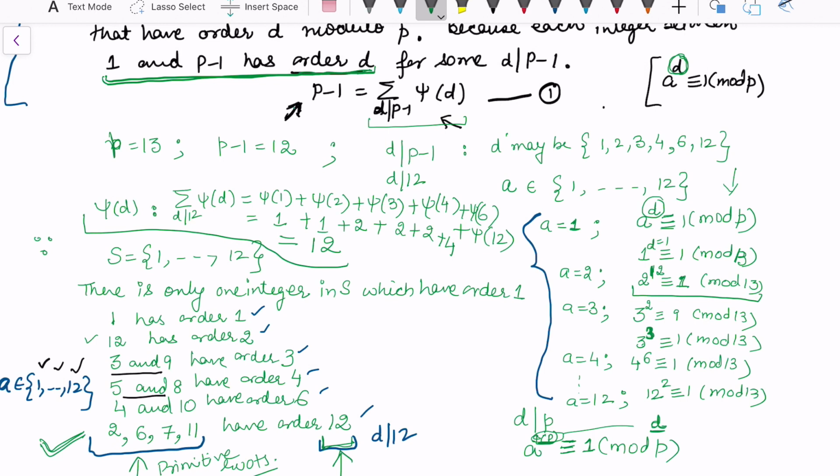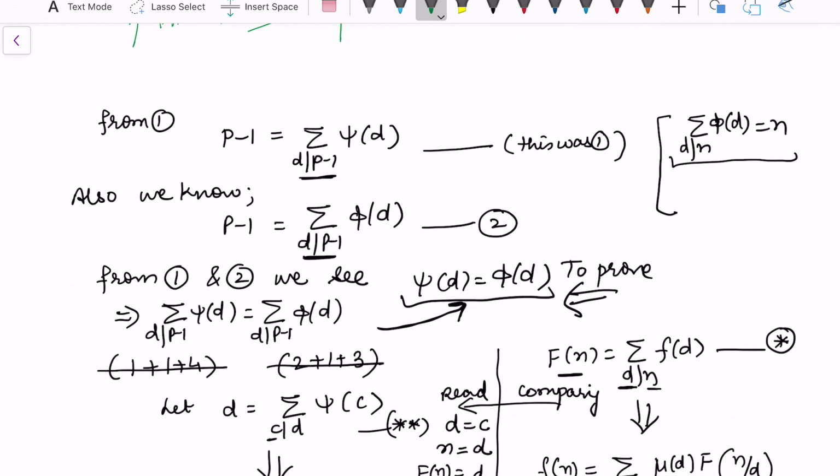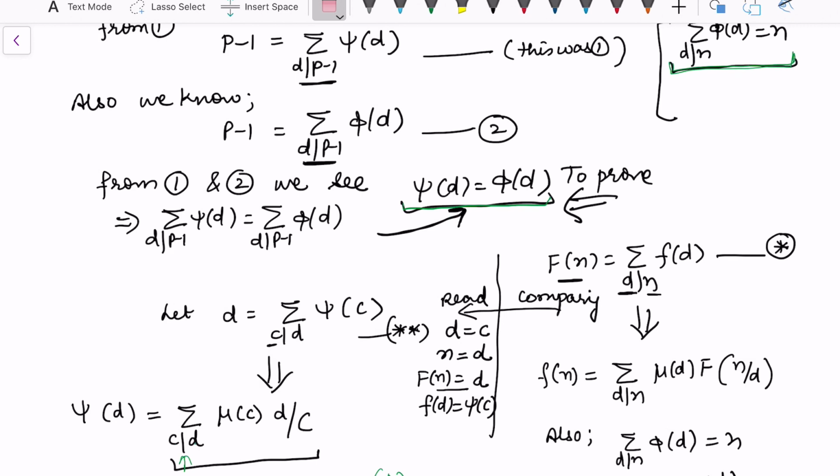And write these p minus 1 numbers in the summation form. Now we just wanted to show that this summation form, which is the right hand side, is the same as φ(d). So we use now this expression which is given by equation number 2, which always holds because the star always holds. So now after comparing we see that not only the summation but their corresponding quantities are the same.